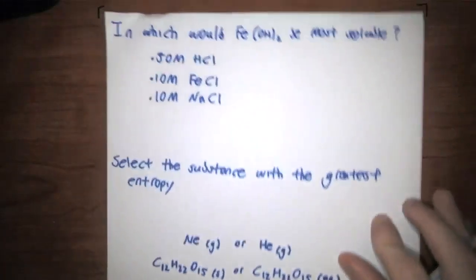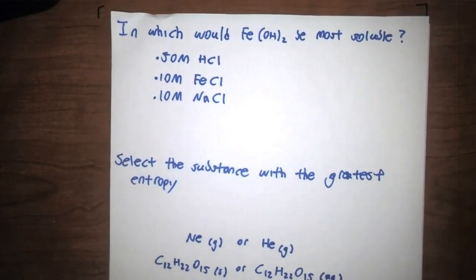Great, moving on. In which would iron hydroxide be most soluble? In which of these three solutions would iron hydroxide be most soluble? I encourage you to pause the video and think about it. So, which one is the most soluble?